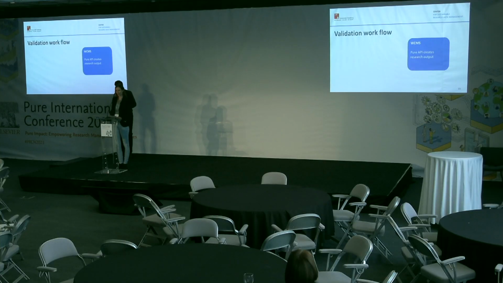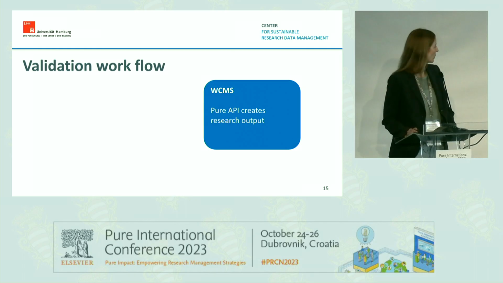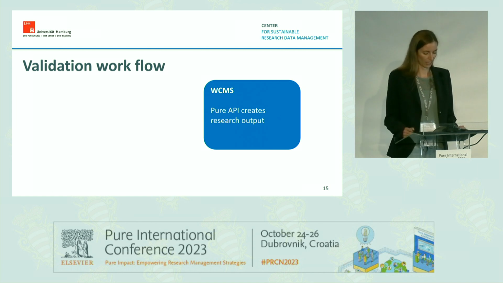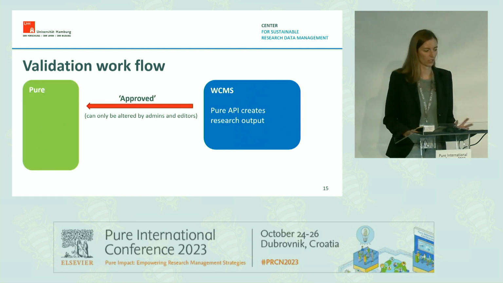So I will give a brief overview about the mentioned validation workflow. So in our WCMS, once the form is filled in, the Pure API creates a research output in Pure, which is automatically set to approved. This is necessary, so this entry can only be altered by admins and editors.